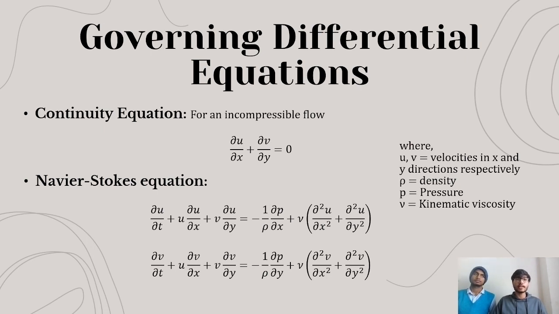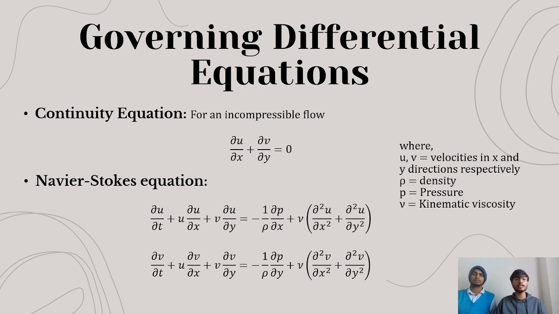The second one is the Navier-Stokes equation, which is given by, for x direction, del u upon del t plus u del u upon del x plus v del u upon del y is equal to minus 1 upon rho del p upon del x plus nu times del 2u upon del x2 plus del 2u upon del y2.